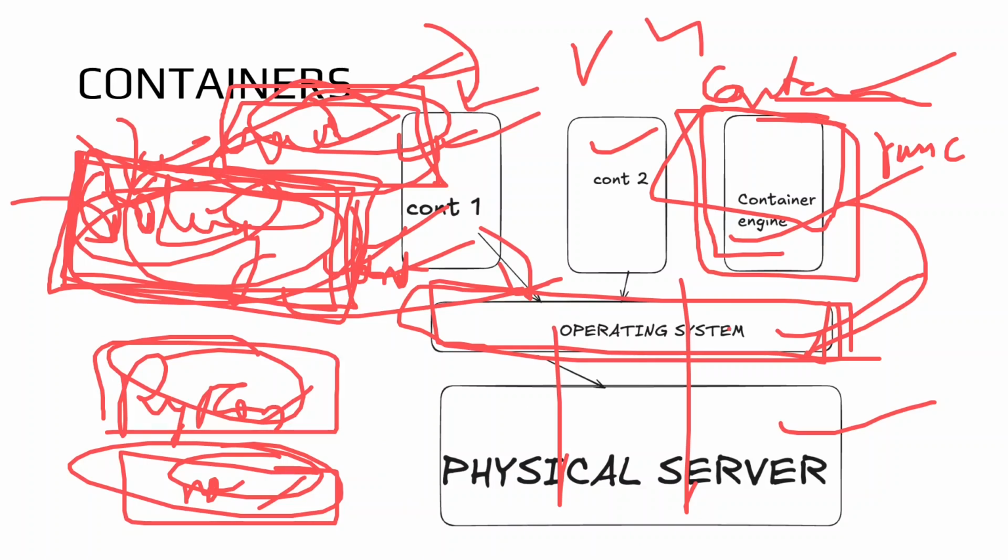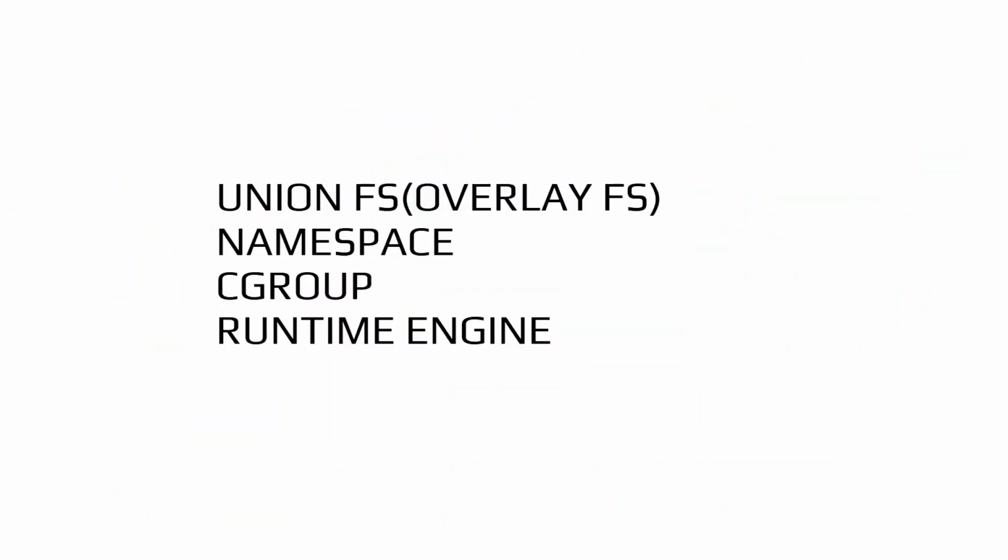I wanted to go into a deep dive, but since this video is already long enough, I will just explain it at a very shallow level, and I will make another video explaining the container under the hood, how the container has been implemented. I will try explaining each and every step which goes on underneath, but as of now I will just explain the container internals at a shallow level.